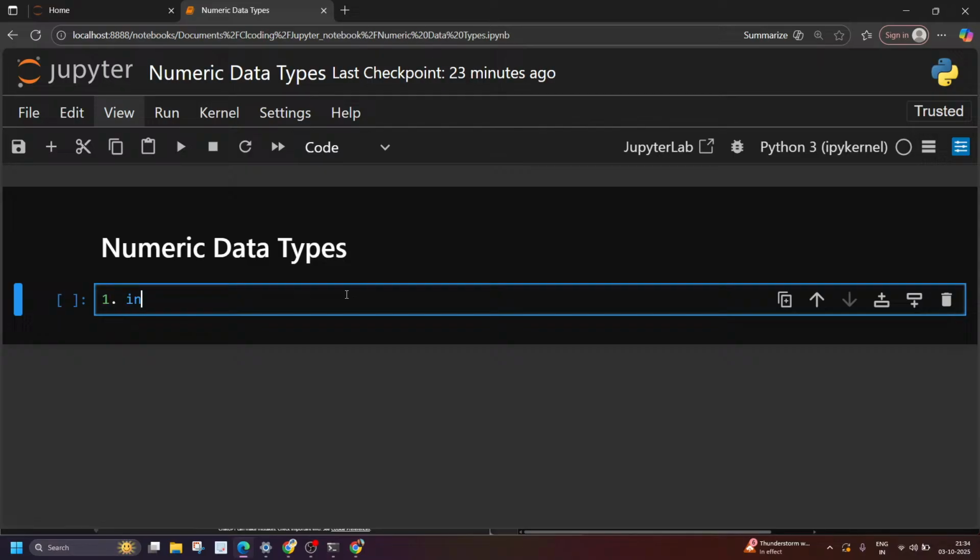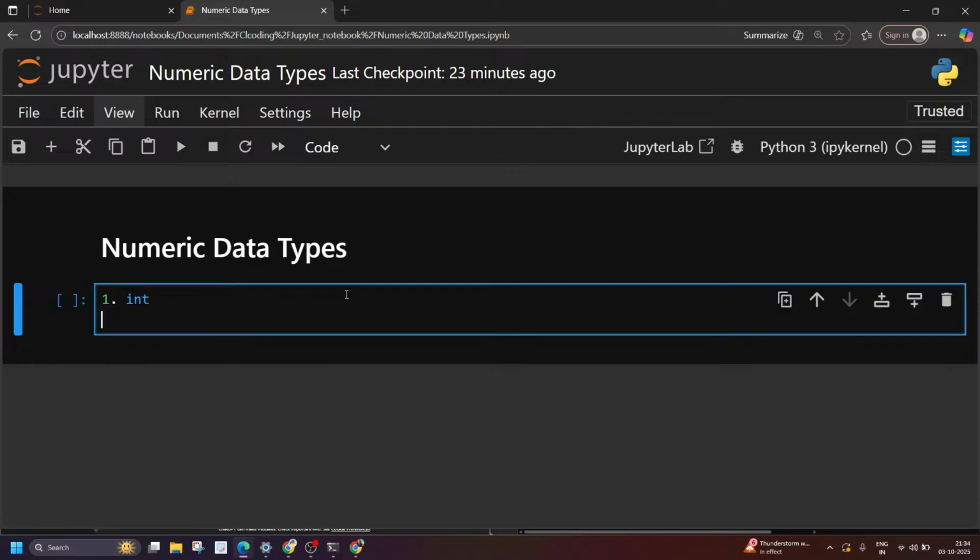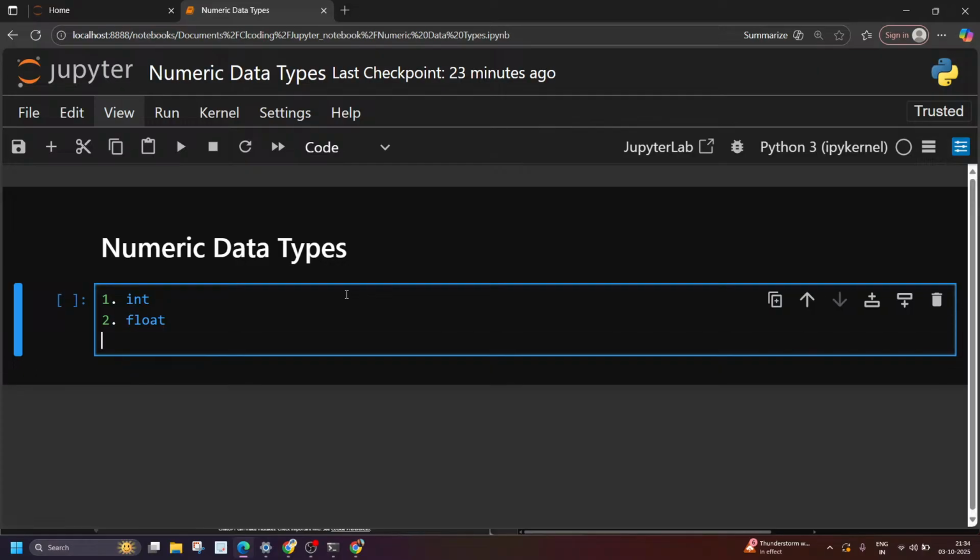The first one is integer, which is a whole number, the second one is float, which is mostly a decimal number, and the third one is complex, numbers with real and imaginary parts. Numeric types are immutable, meaning their value cannot change once created.